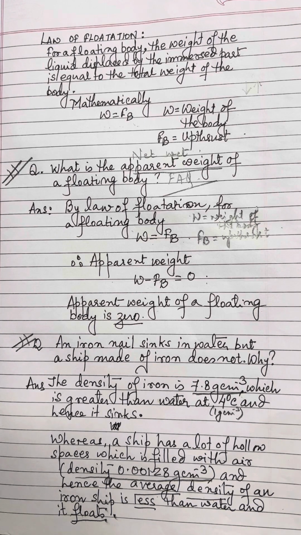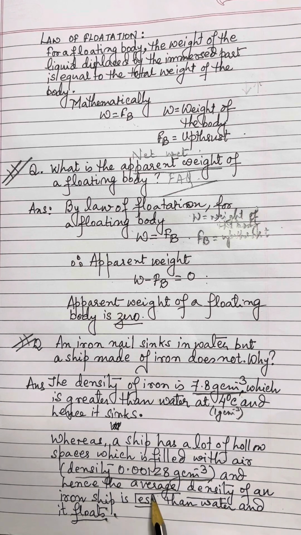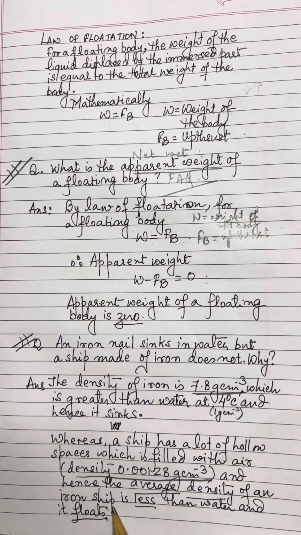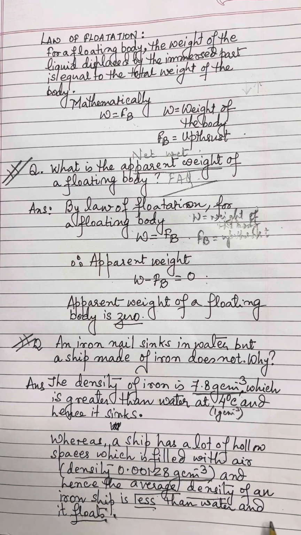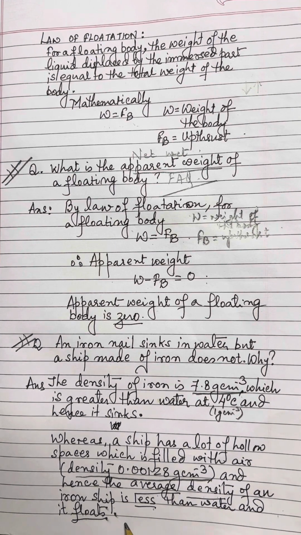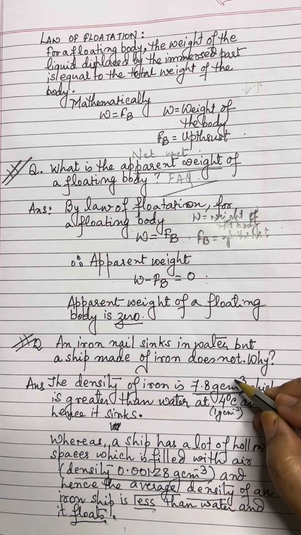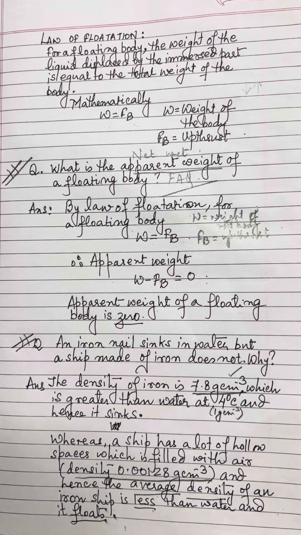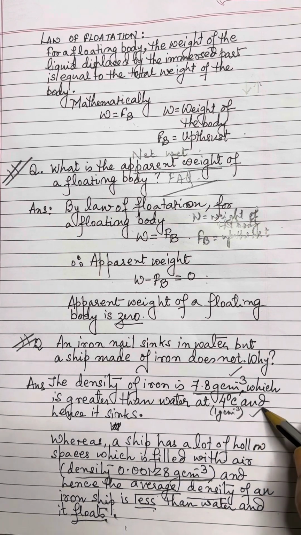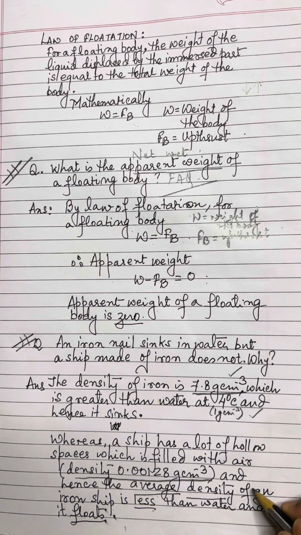That hollow space is filled up with air, so the average density of an iron ship becomes less than that of water and it floats. So the things which are important over here: first you need to remember the density of iron. Of course you know the density of water at 4 degrees Celsius, so that has to be mentioned, and then the concept of average density has to be mentioned.